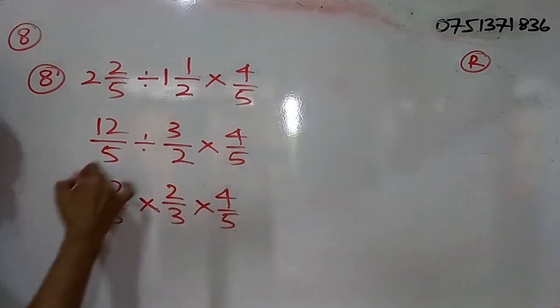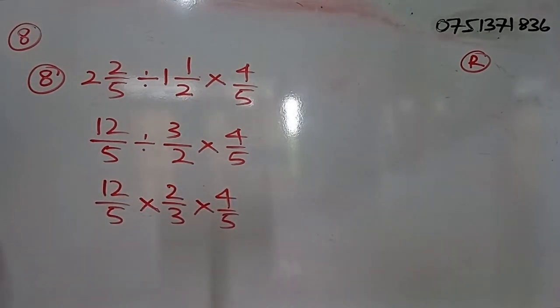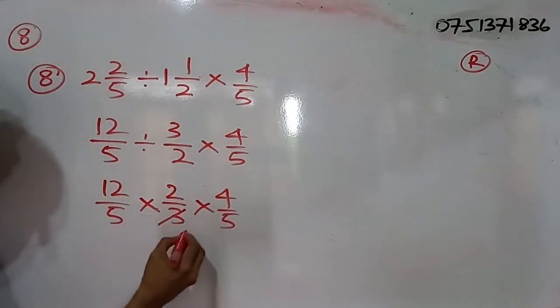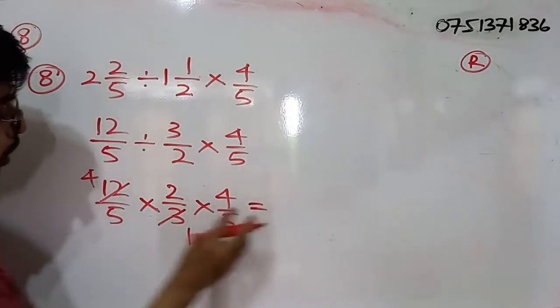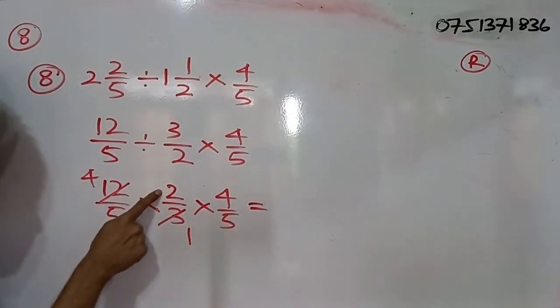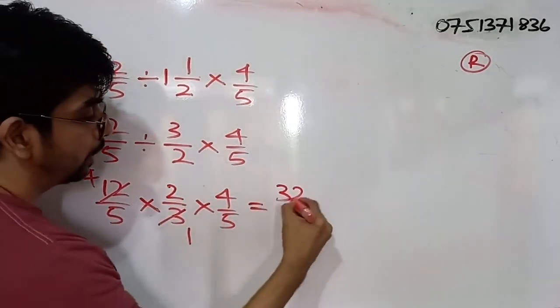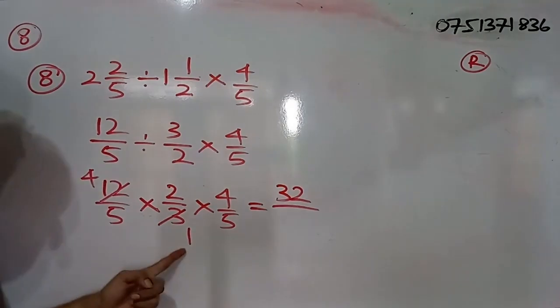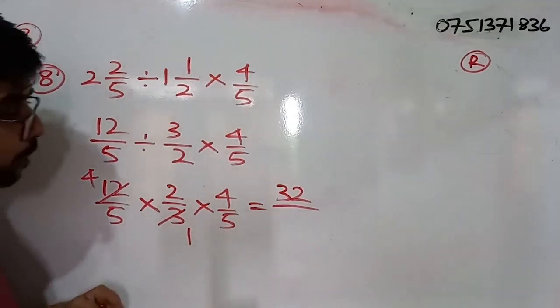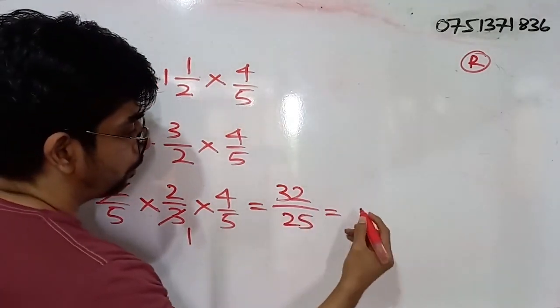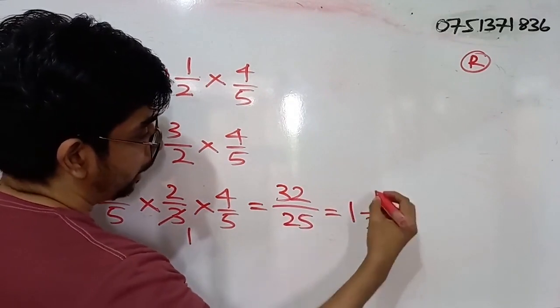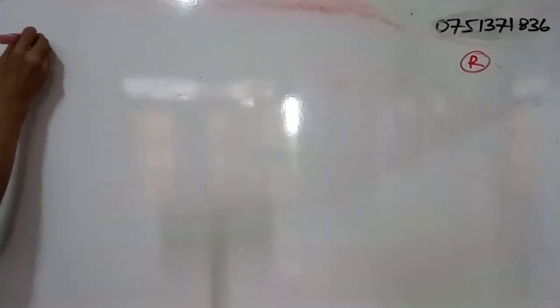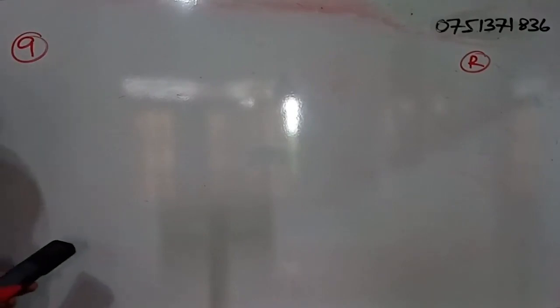Now we can simplify this entire thing. 3 times 1 is 3, 3 times 4, so we cannot simplify it anymore. 4 times 2 is 8, 8 times 4 is 32, 5 times 1 is 5, 5 into 5 is 25. So the answer is 1 and 7 by 25.